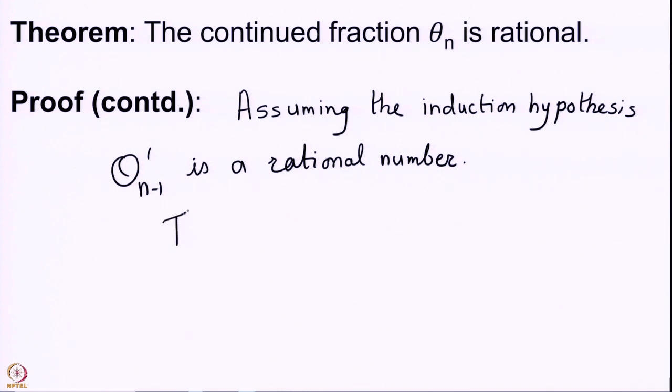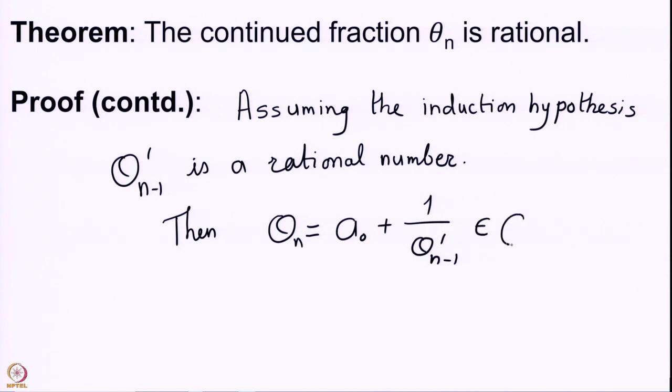And then theta n, a0 plus 1 upon theta n minus 1 prime, also has to be rational, because once theta n minus 1 prime is rational, its reciprocal is a rational number, and then you are simply adding an integer.